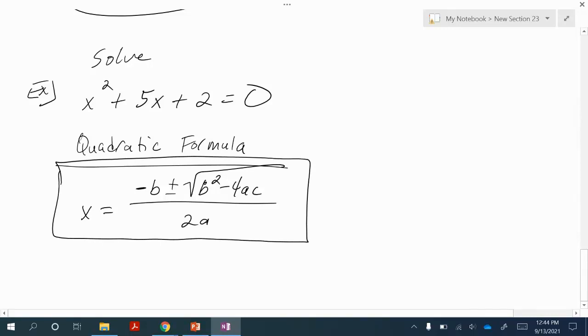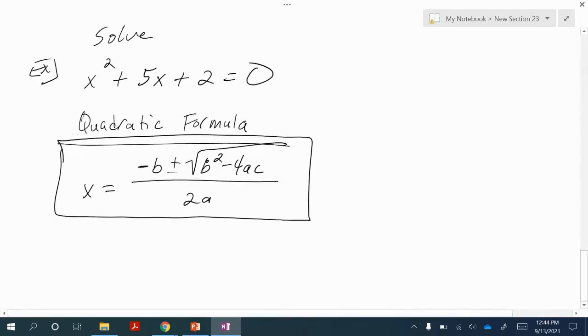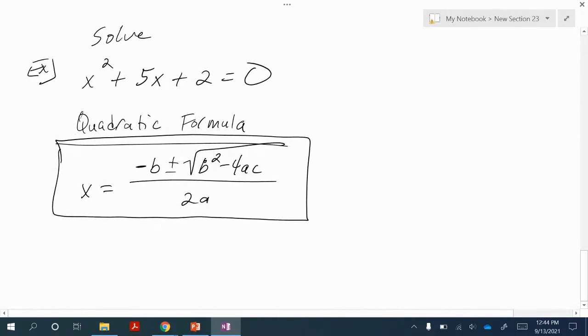So we're simply going to put our equation in standard form, all right, and it's already in standard form. And we're simply going to pull out a, b, and c. A is the coefficient of our squared term, which is 1. B is the coefficient of our middle term, which is 5. And C is the coefficient of our last term, which is 2.